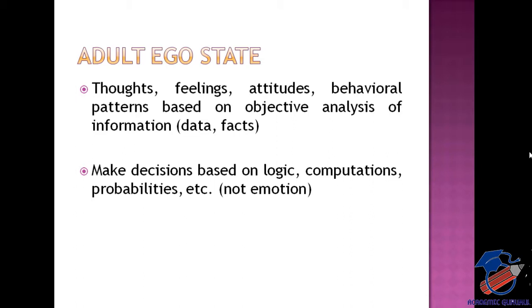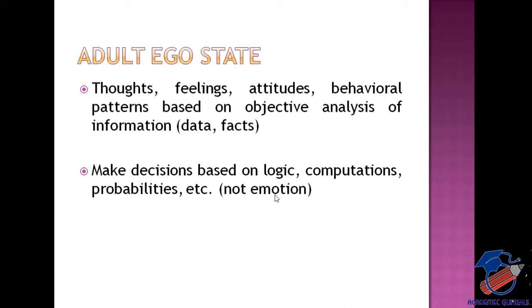They make decisions based on logic, computation and probabilities, etc., and not on the basis of emotion, which can be the case in the parent ego state or child ego state, where they can make decisions on the basis of emotion towards anything. But in the adult ego state, the person who has this particular type of ego state takes decisions on the basis of logic.